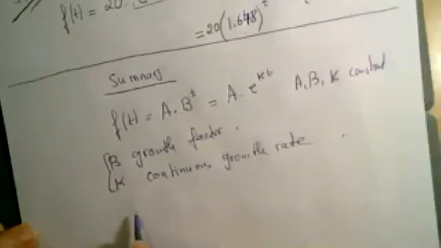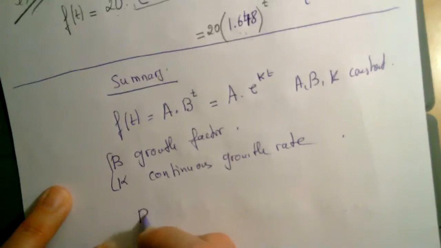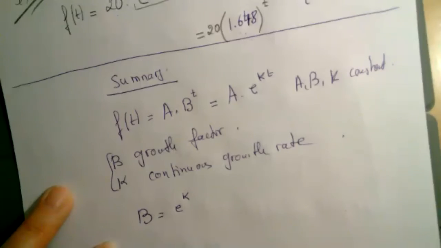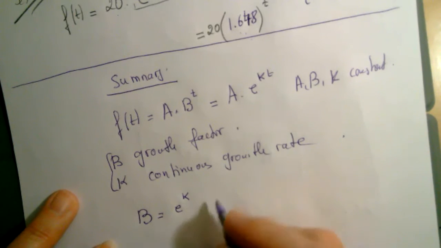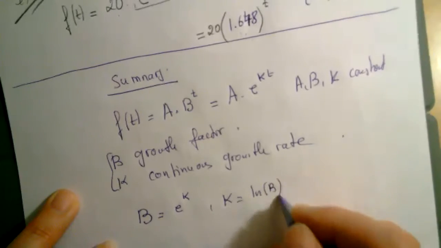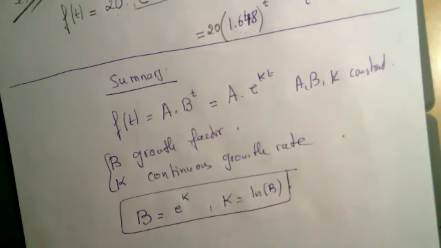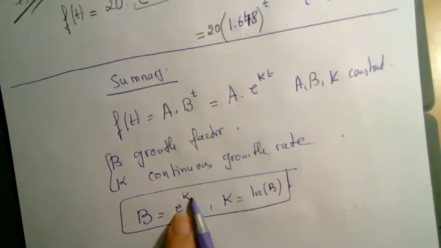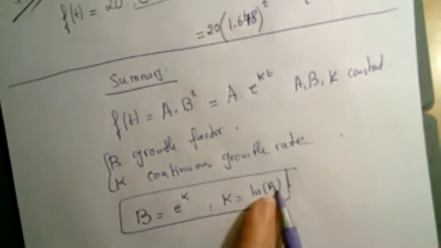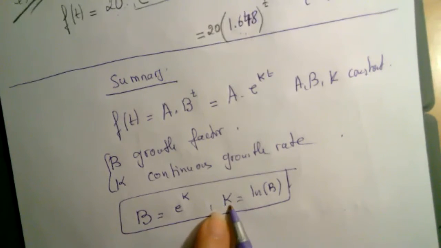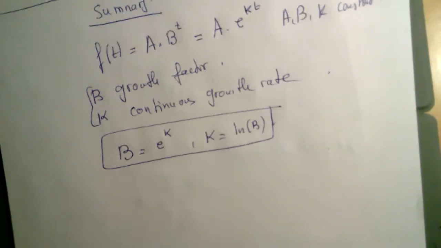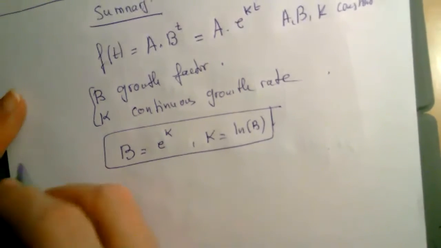The relationship is the following: b is e to the k, and k is the natural log of b. So if you know k, you can figure out b. If you know b, you can figure out k. Before we practice those, which is not going to be very hard, a very important note.